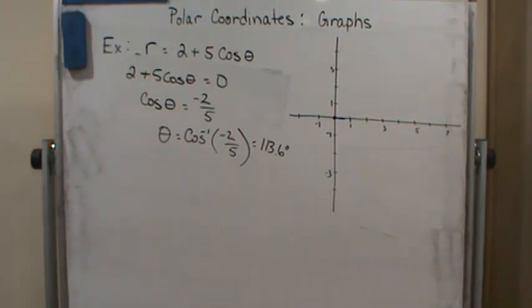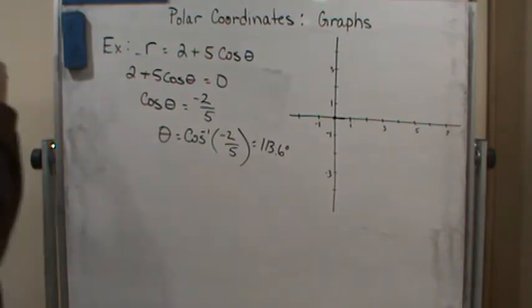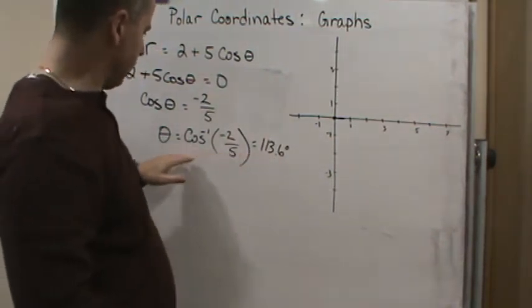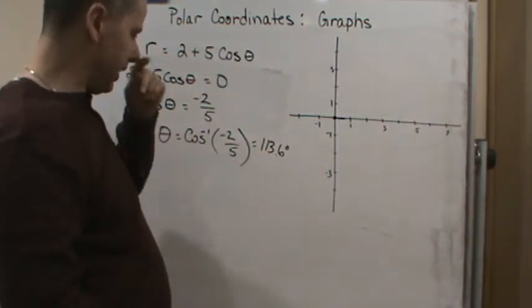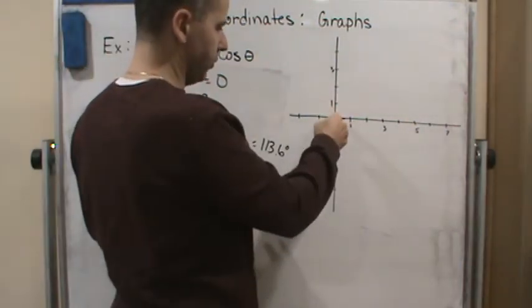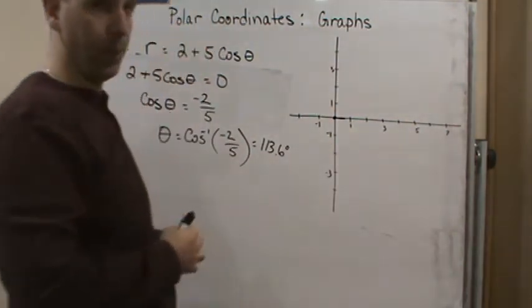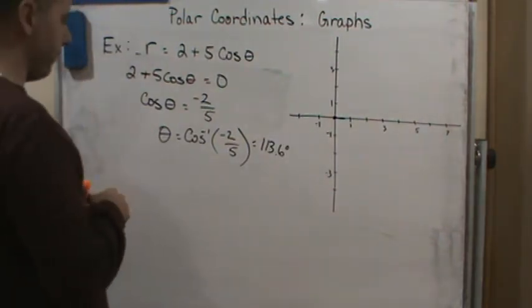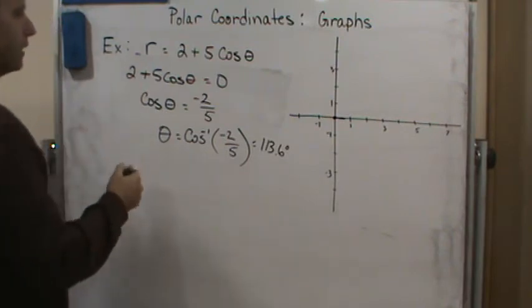Okay, so now maximum value. Remember, it's going to be 0 at this angle, but this is not the only angle where it's going to be 0, because remember, it's going to have a loop, so it's going to cross the pole twice. Now, we want to know when the maximum value is.